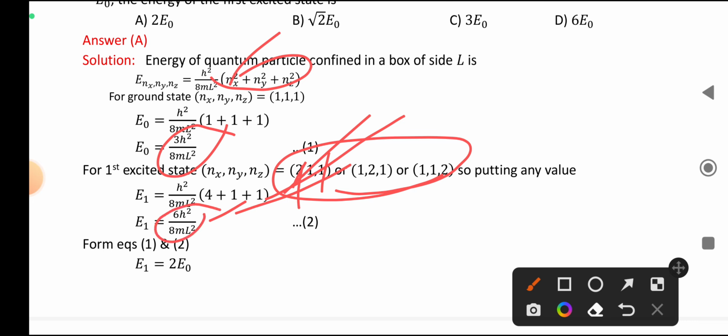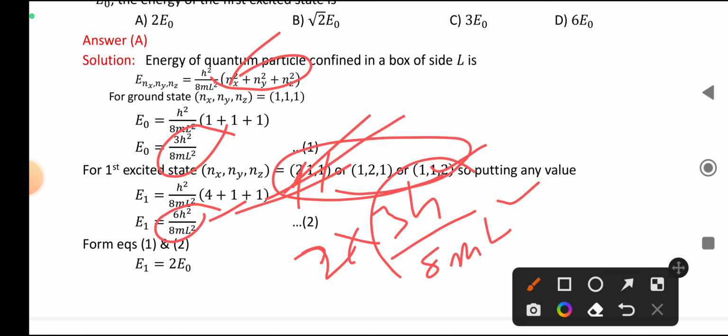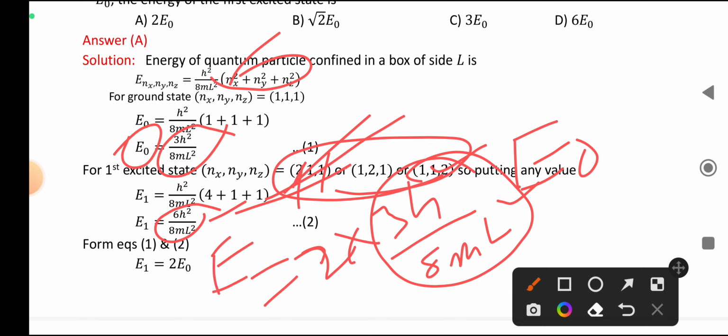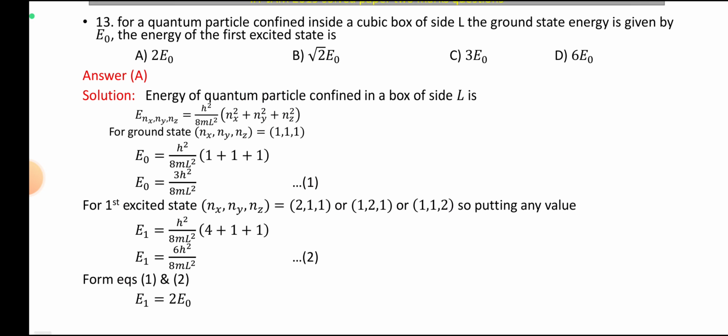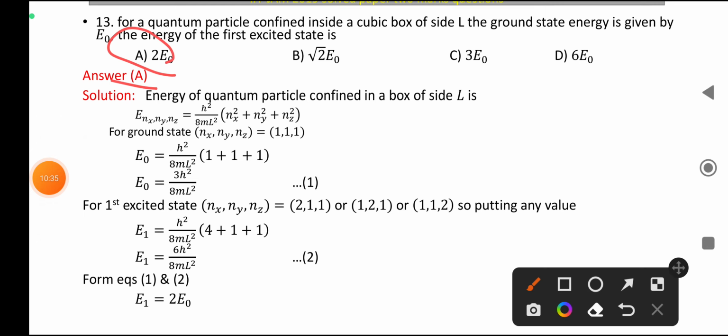So 6 can be written as 2 into 3 h square by 8 m L square. So what is this? It is E naught, right? So E1 is equal to 2 into E naught. So where is it? 2 into E naught is answer A.